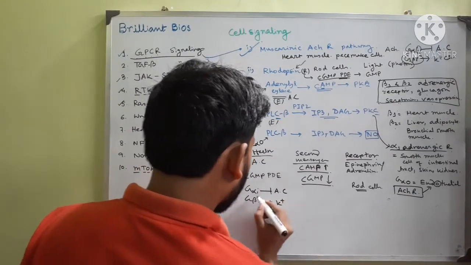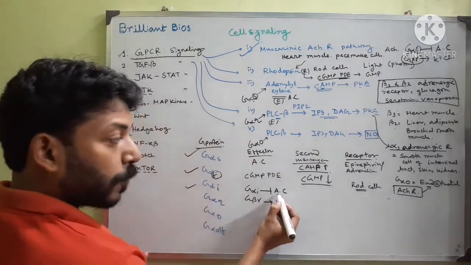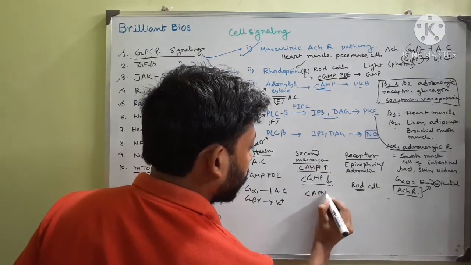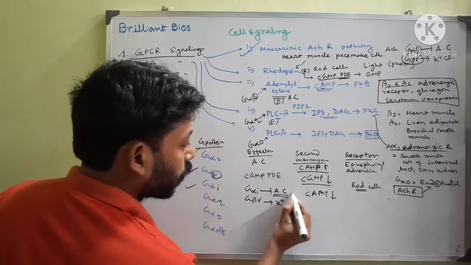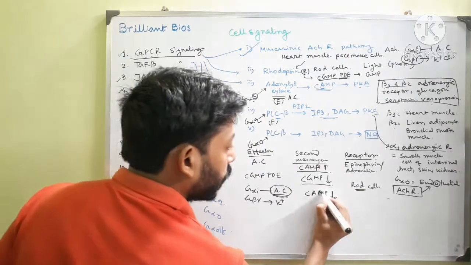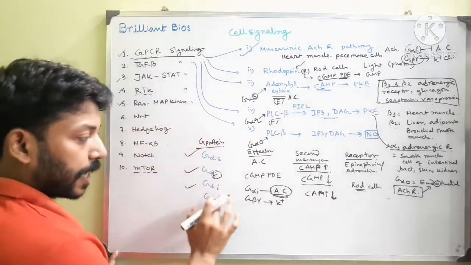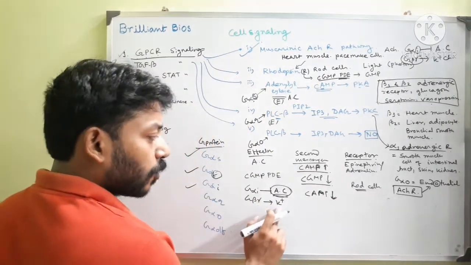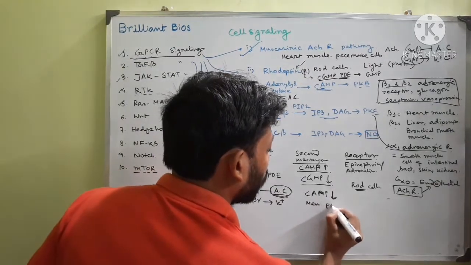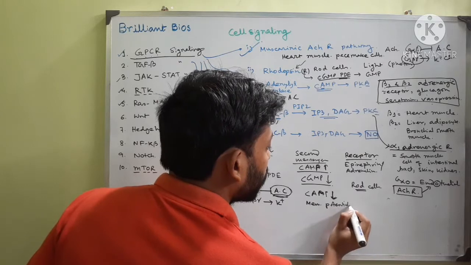So as it is an inhibitor of adenylyl cyclase, it reduces the cAMP production. You can see here it is the inhibitor with acetylcholine, so the amount of cAMP will be decreased in this signaling pathway, and as it opens the potassium channel, it will also change the membrane potential.